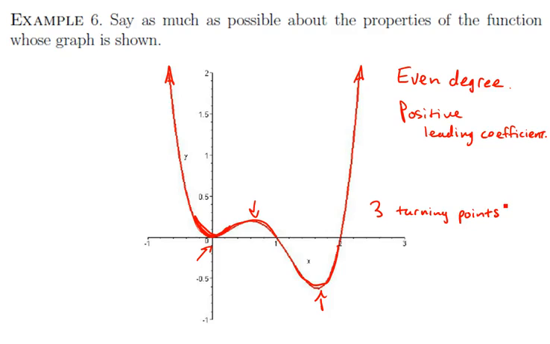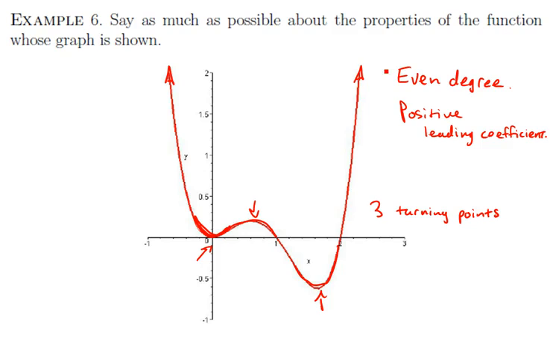And since we've noted that a degree n polynomial can have at most n minus 1 turning points, that shows us that this polynomial would have to be of degree at least 4 in order to have 3 turning points.